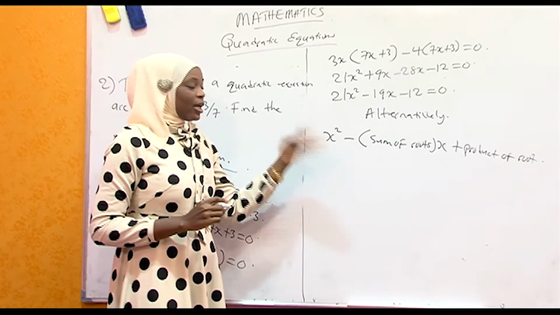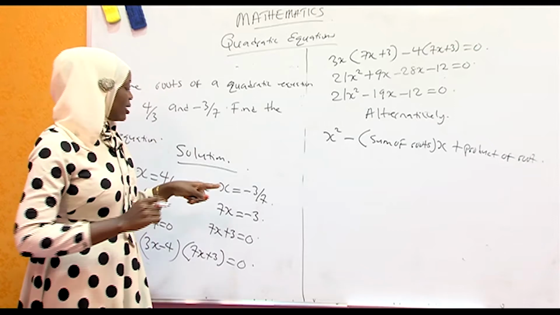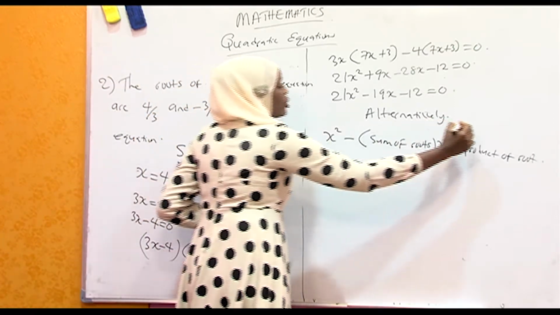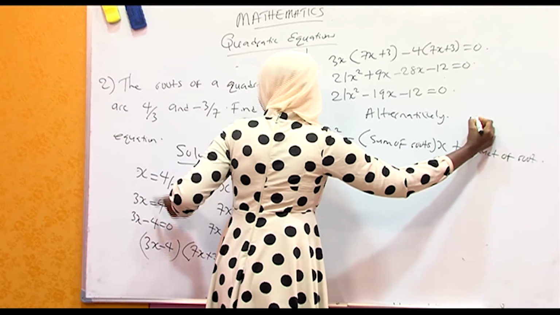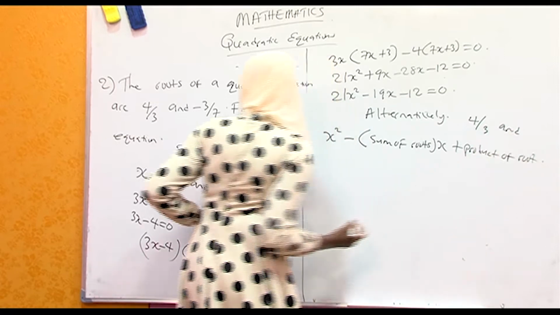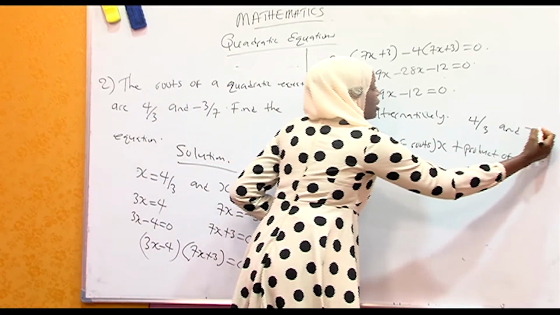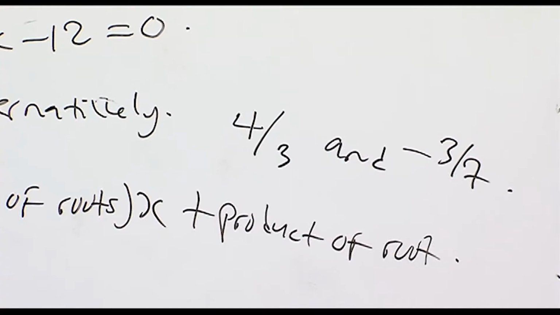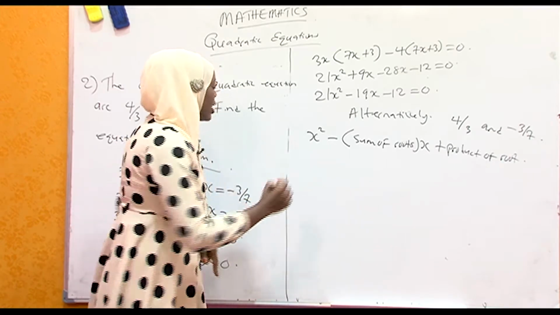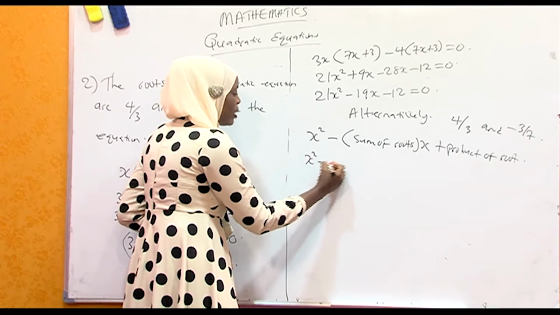Using this formula and putting in mind that the roots of the equation are 4 over 3 and minus 3 over 7, we put it into this formula.